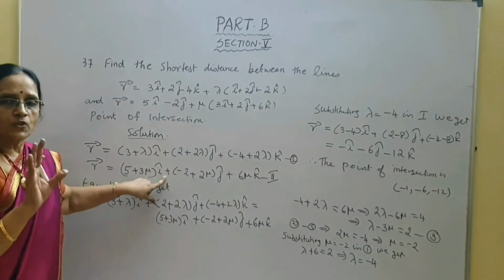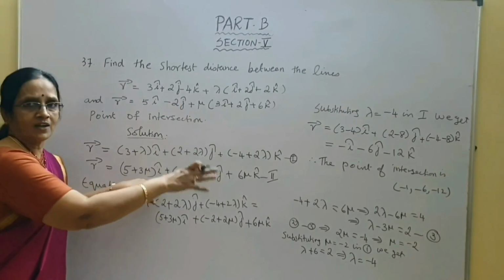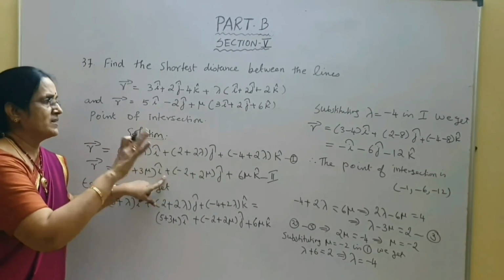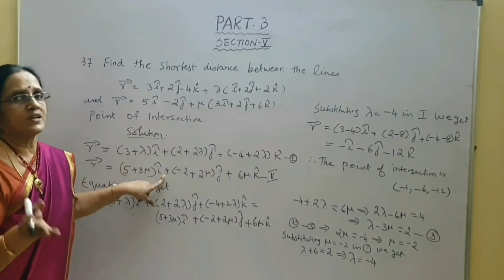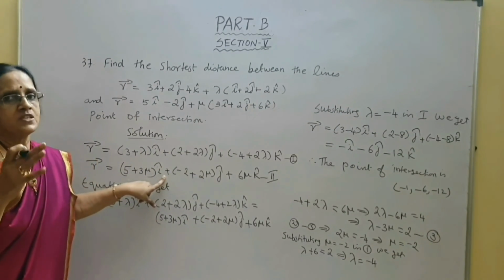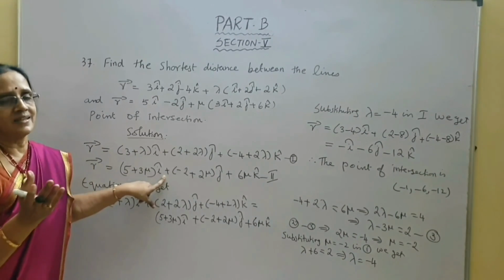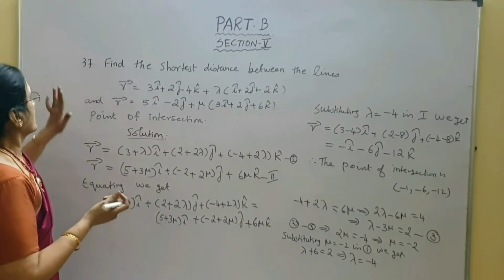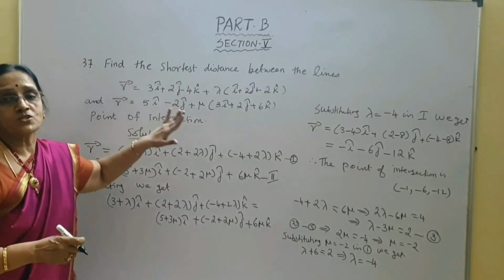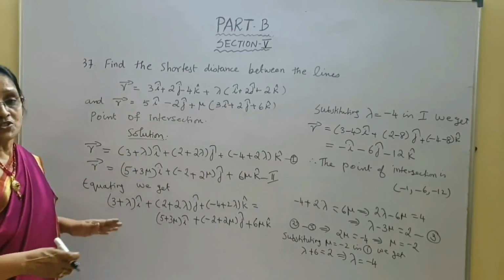You will get the same point of intersection, minus 1, minus 6, minus 12. That you can check in the rough column so that you can be doubly sure that what you have done is correct. Now, let us move on to the choice question for question number 37.